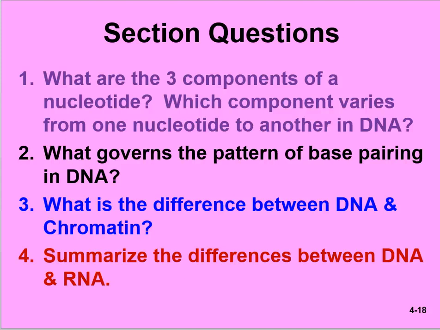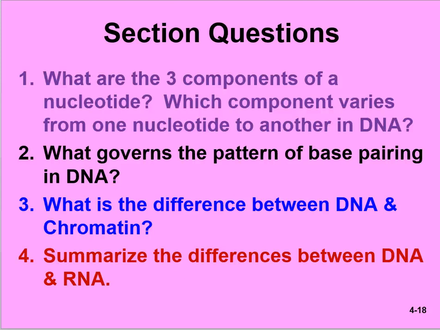So then the second part of the question, which component varies from one nucleotide to the next in DNA? It would be the nitrogenous base. Remember the choices? They're A for adenine, T for thymine, C for cytosine, and G for guanine.